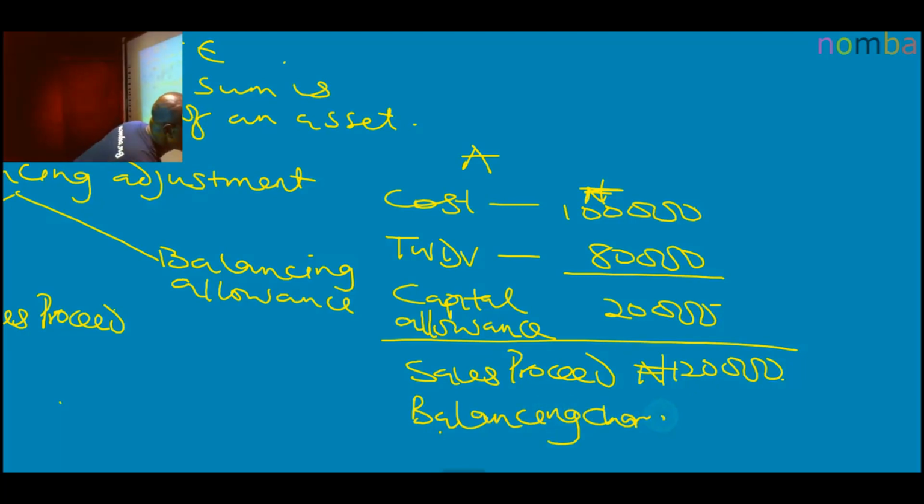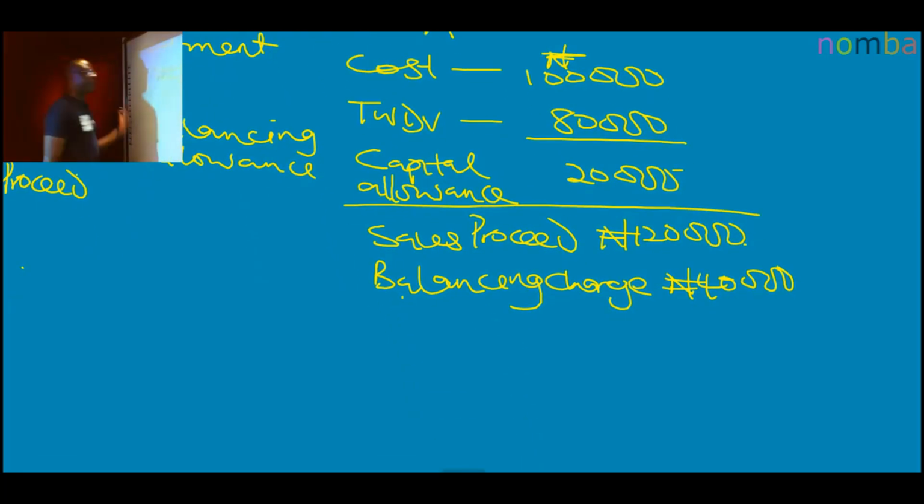Balancing charge is how much? 40,000. So the question now is, should I take the balancing charge as 40,000 and take it to be added to the assessable profit? No. Why? My balancing charge should be restricted to how much? The total capital allowance that this asset being disposed has enjoyed is 20,000 from our working, isn't it? So the balancing charge should be restricted to 20,000.